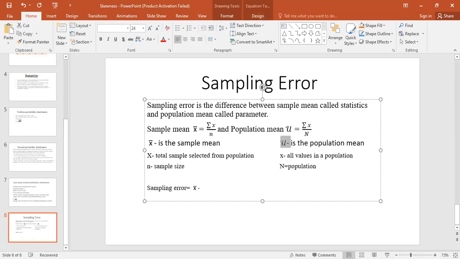That difference is the sampling error, and it may be positive or negative. Whatever the result is, that will be our sampling error, and it can be anything. So in simple terms, sampling error is the difference between the sample and the population.